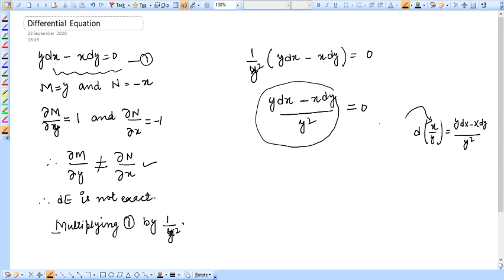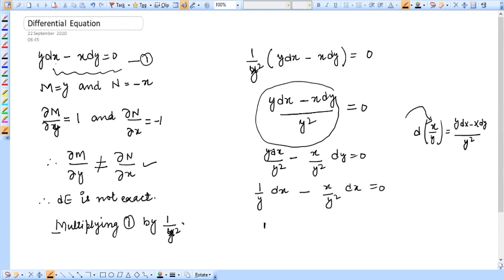Or we can also check using M and N here. Simplifying this equation, it becomes y dx over y square minus x over y square dy is equal to 0. So 1 over y dx minus x over y square dy equal to 0.